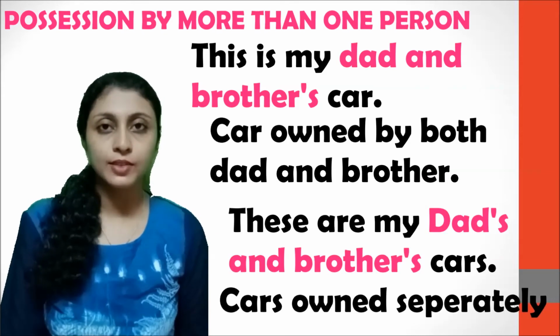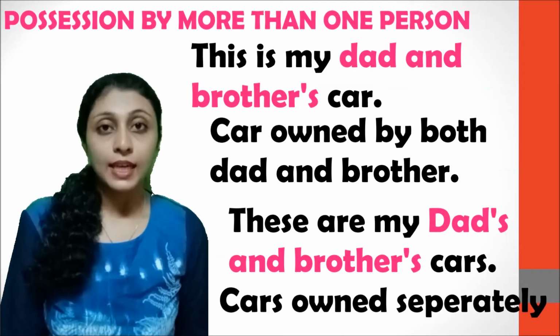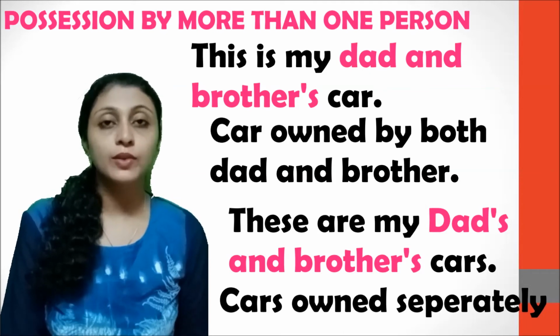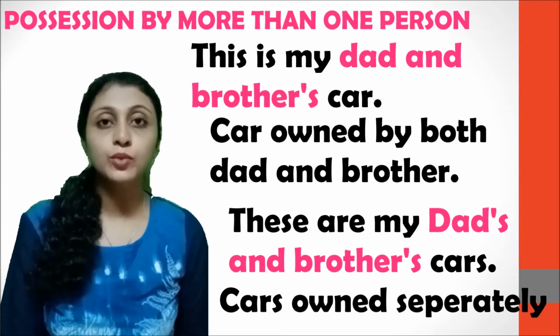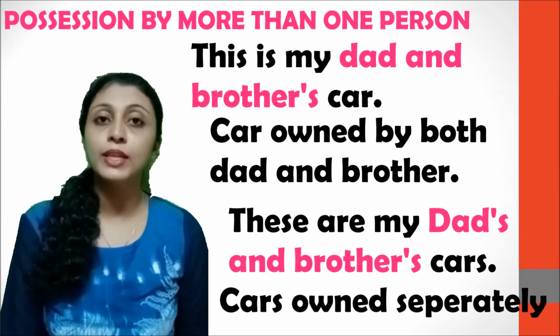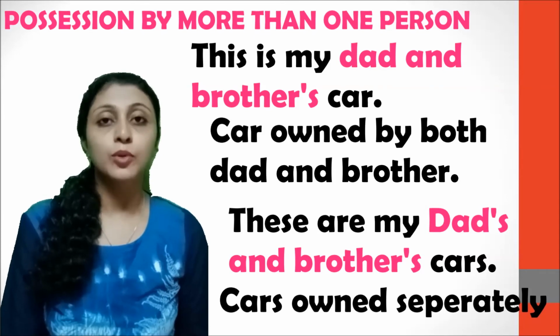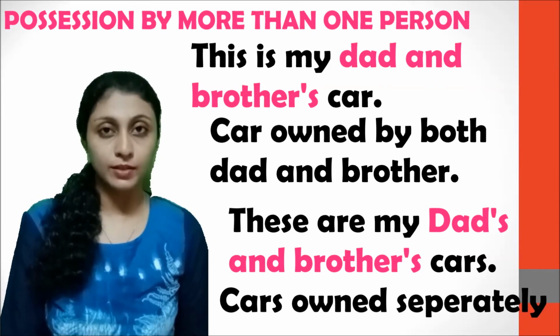Whereas in the next sentence, it is dad's and brother's cars. So now here, the dad and the brother own two different cars, and therefore we need to use the apostrophe for both the dad as well as the brother.